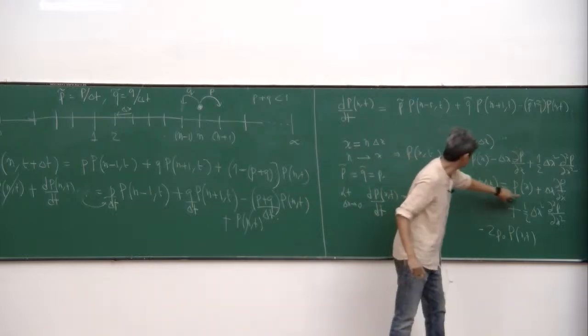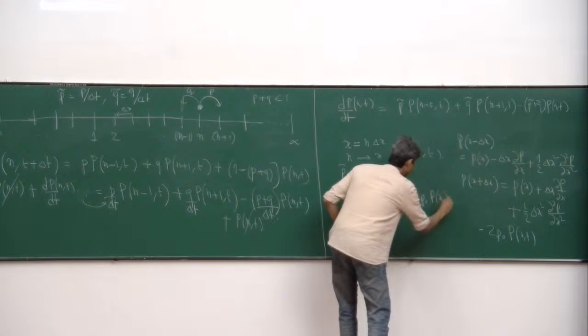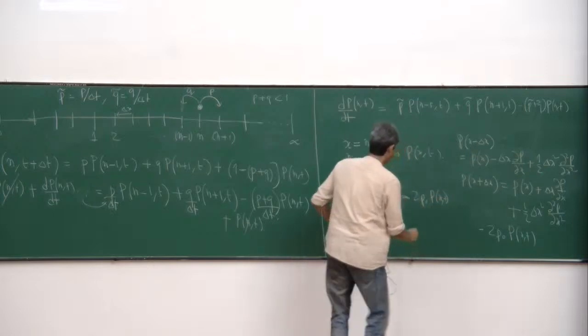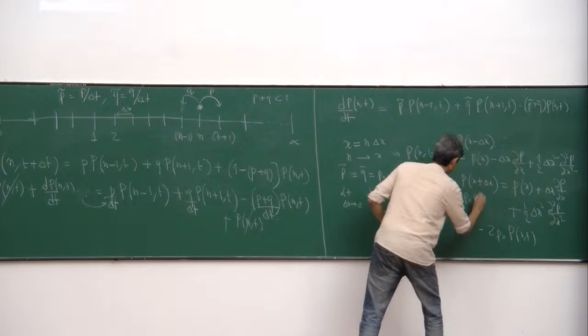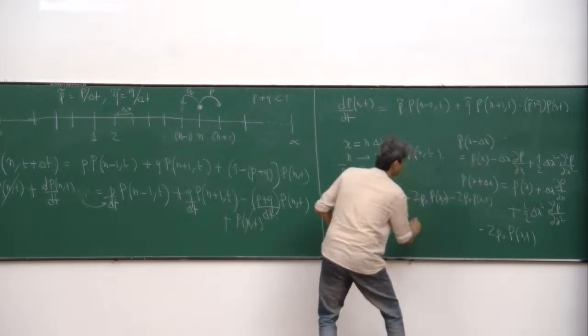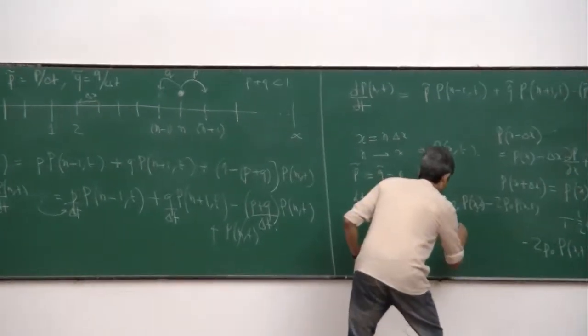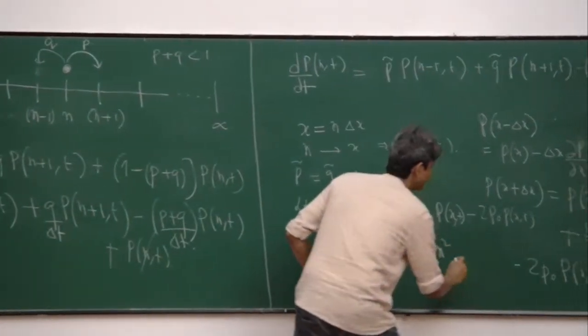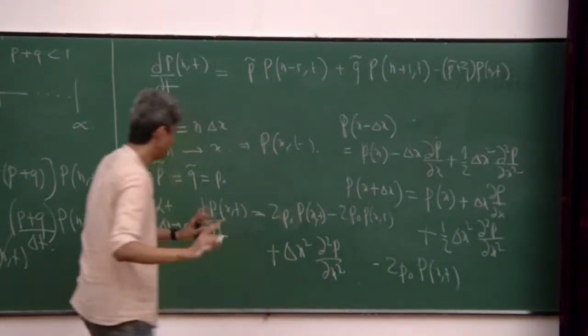This P of x and this P of x, there is a 2 p naught P of x, t. There is this minus 2 p naught P of x, t, and plus half delta x square del square P del x square. Am I correct?